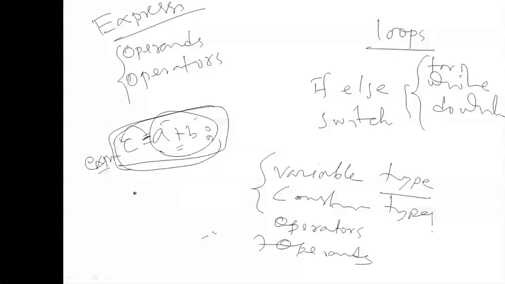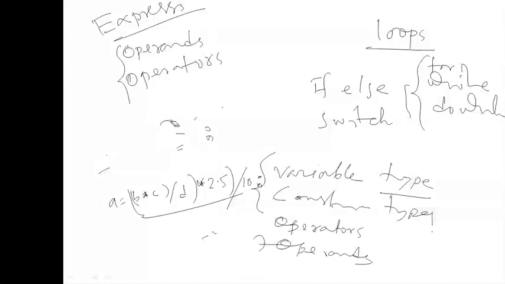You can have complex expressions like a equal to b plus c, b into c whole divided by d whole into, suppose, 2.5 whole divided by 10, like that. Anything you can write as an expression based on your requirement, to solve any problem.